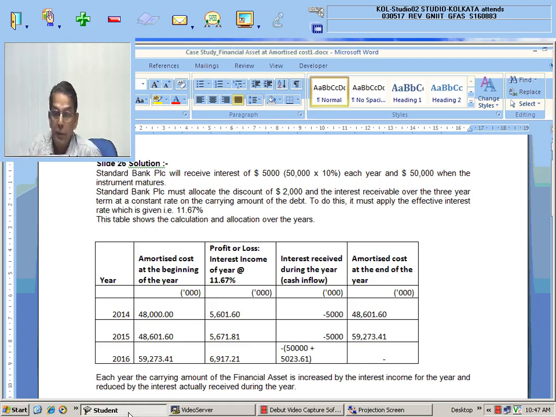So the amortized cost at the beginning of 2016 is 54,273.41, and interest at 11.67% on this amortized cost at the beginning of the year. The interest will be, I think there is also a mistake in this calculation, 54,273.41 multiplied by, can anyone do it? 54,273.41 into 11.67%, how much does it come to?